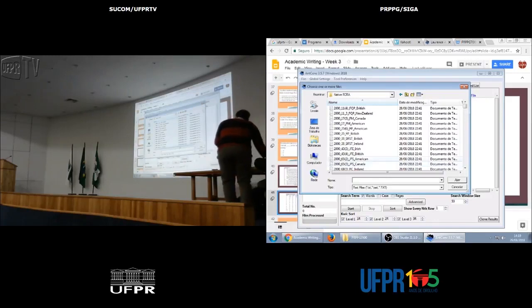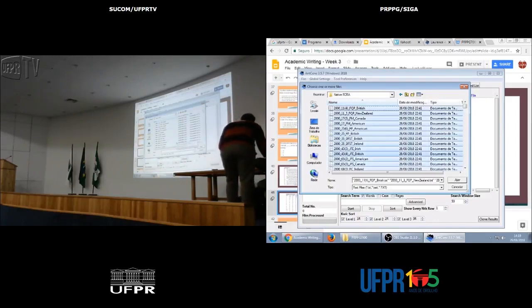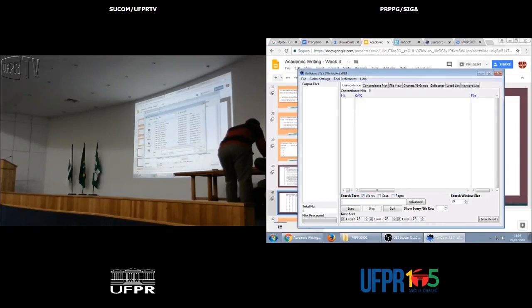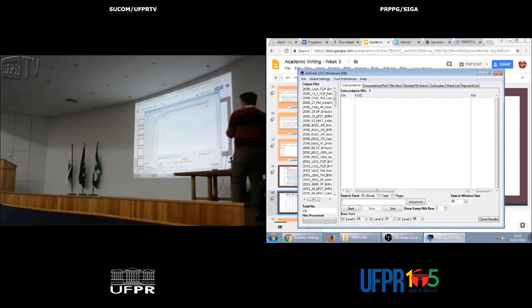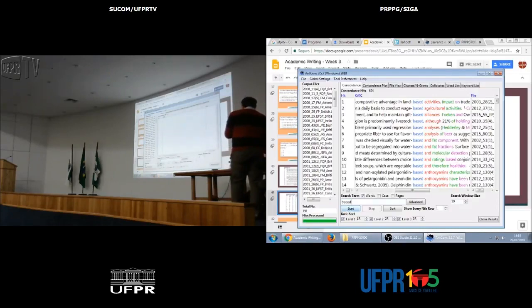Now to load a bunch of files, you can do a Control-Alt or Control-A. I have 191 for some reason. It's supposed to be 192 in this. And then I'm going to put the word "based" here, because I want to know if it's "based on" or "based in," "based of," and then I'll click start.